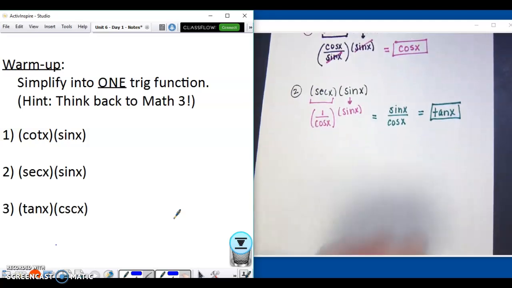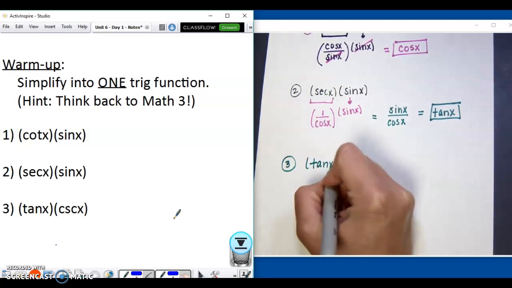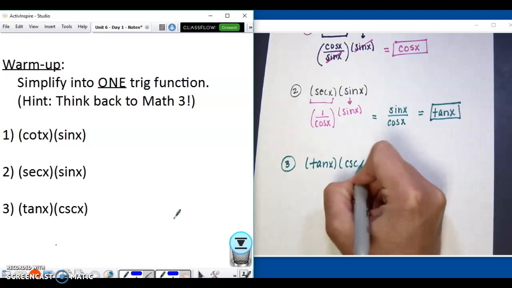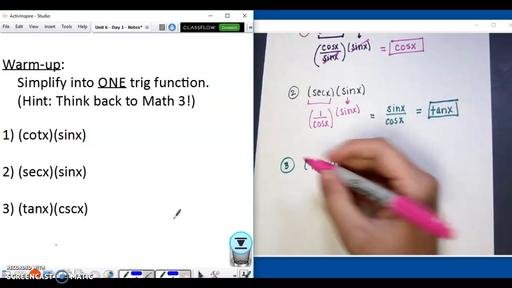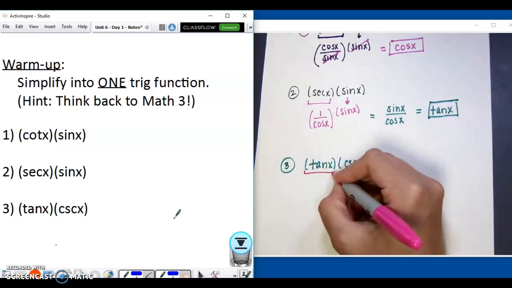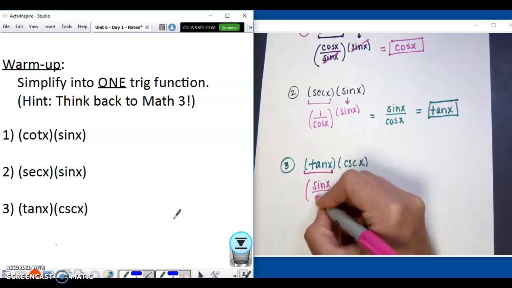And then the last one on the warm-up here, we have tangent x times cosecant x. So neither one of these are sine and cosine, so we're going to rewrite both of them. Tangent, remember, was y over x. So that's sine x over cosine x.